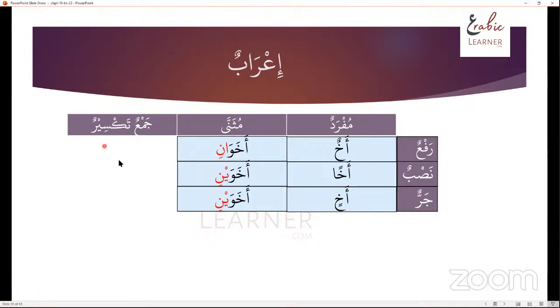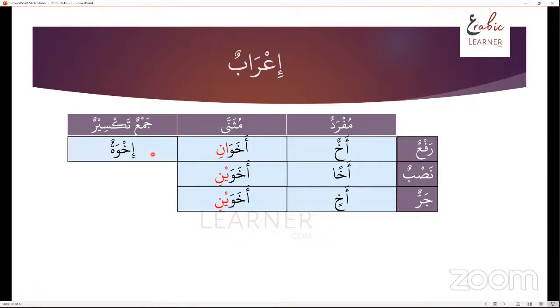And what will be the jama taksir for the akhun? Any answer? For akhun, what is the jama taksir? Brothers. We have taken many examples when we were doing the topic of jama.